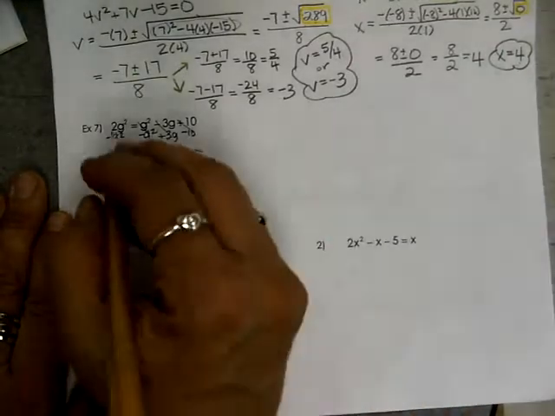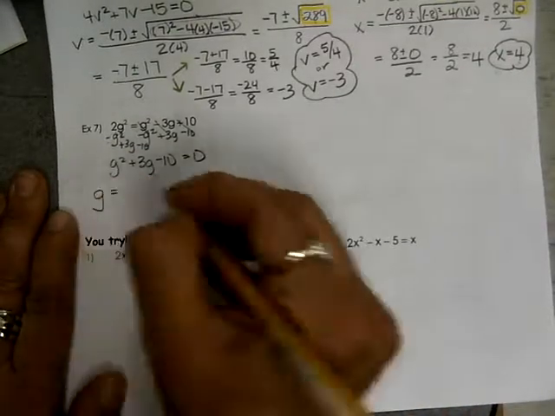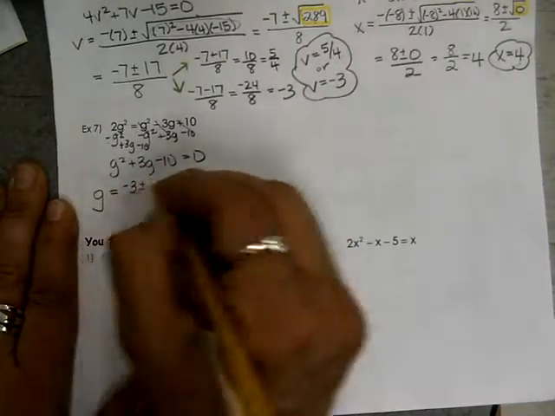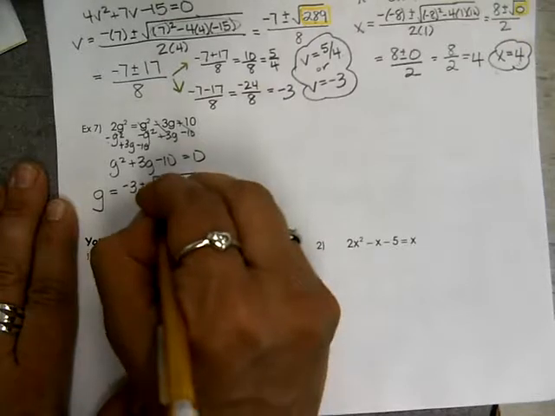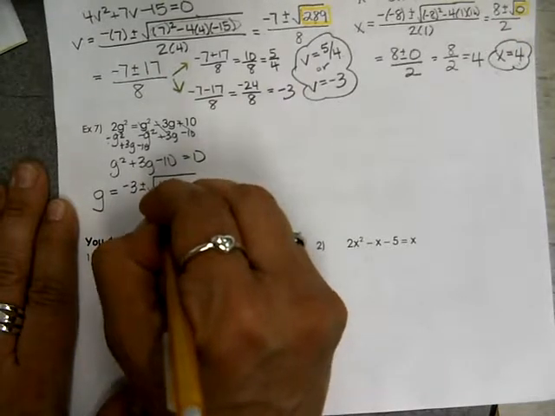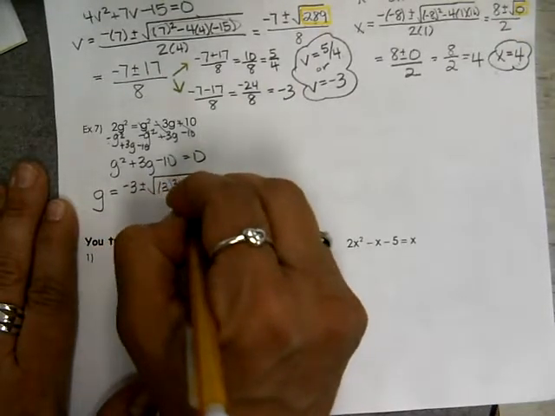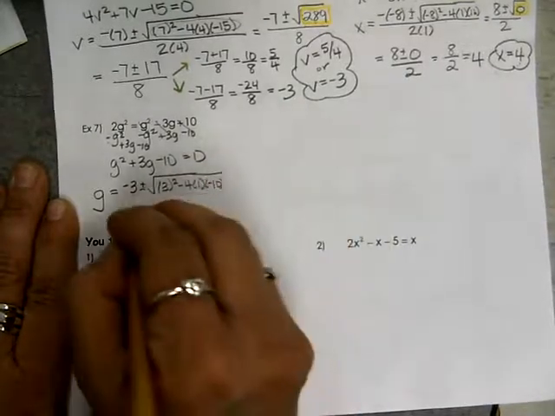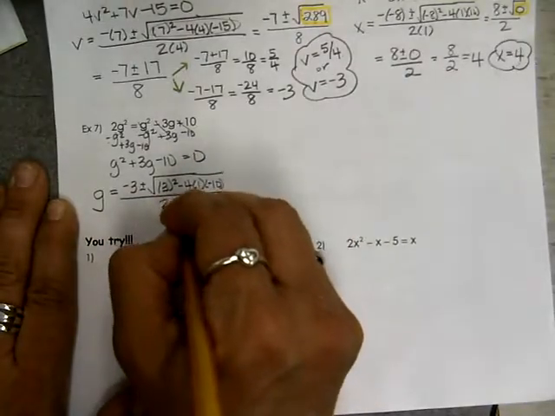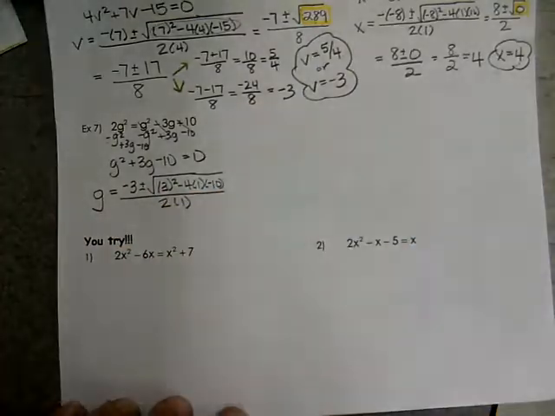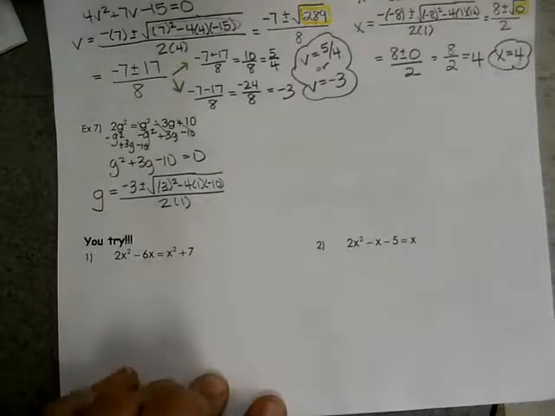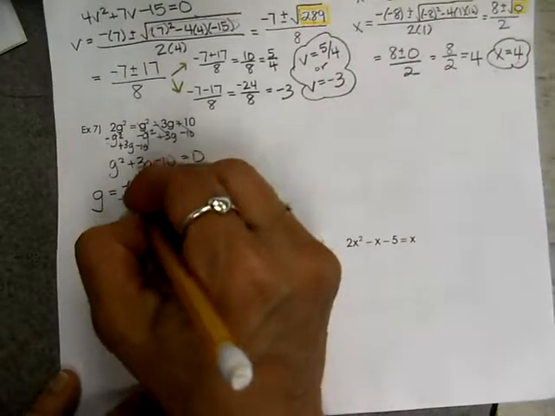So let's put that into the quadratic formula. g equals negative b plus or minus the square root of b squared minus 4ac, all divided by 2a. Hopefully this is becoming very second nature for you. Oops, I didn't put my parentheses around that one.